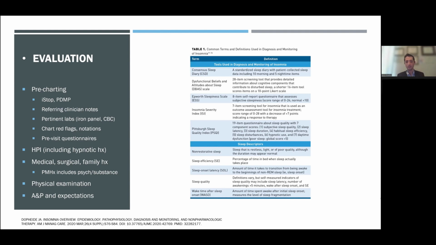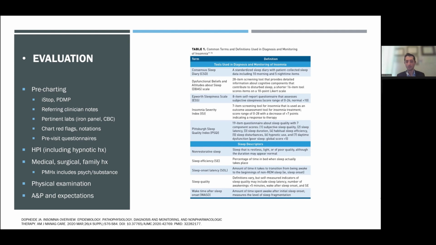And paradoxically, a lot of patients with insomnia actually don't have very high numbers on their Epworth Sleepiness Scale. In fact, 11 out of 24 or higher is considered positive for excessive daytime sleepiness. But a lot of patients with insomnia don't feel excessively sleepy during the day.